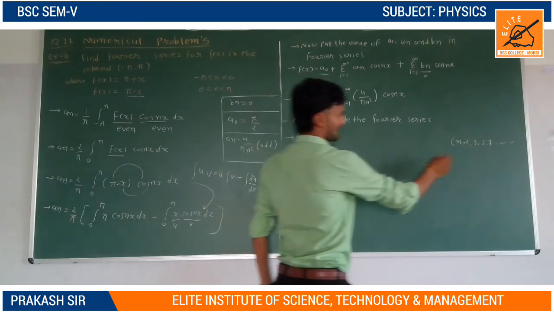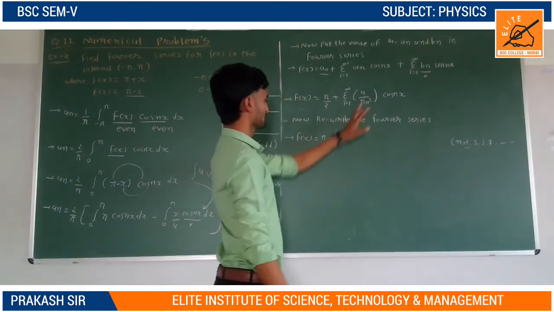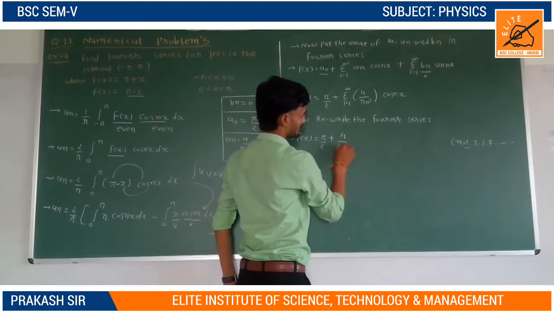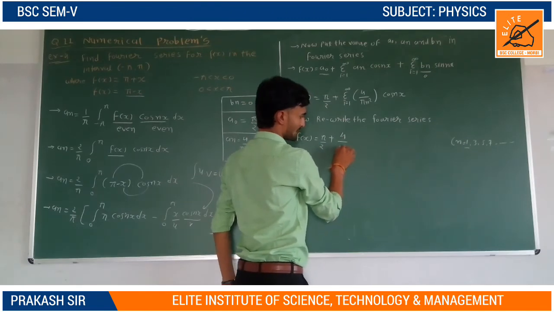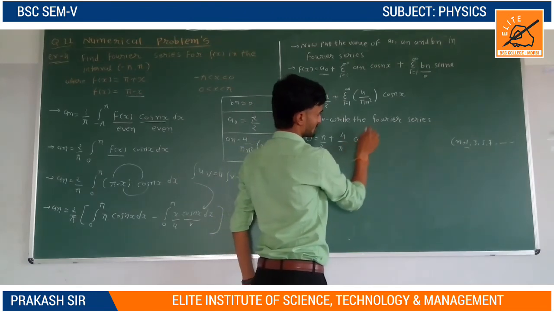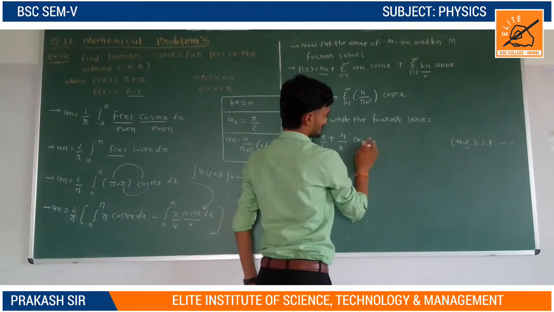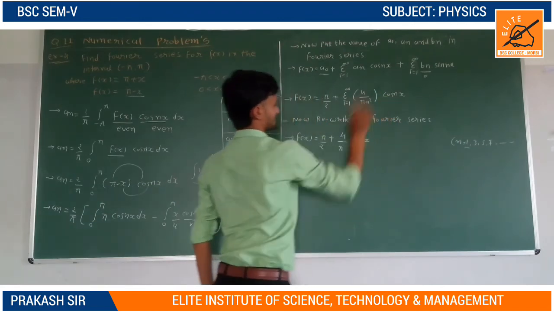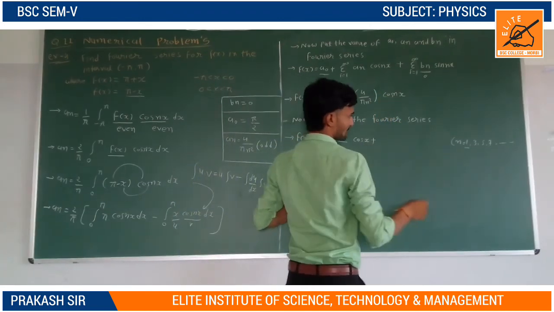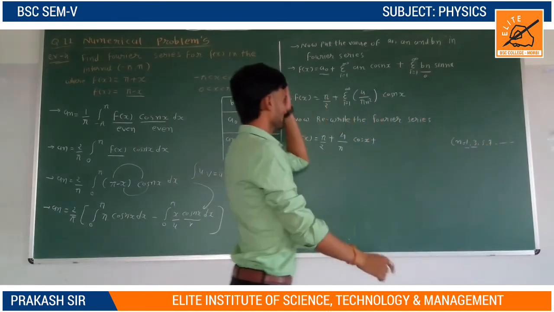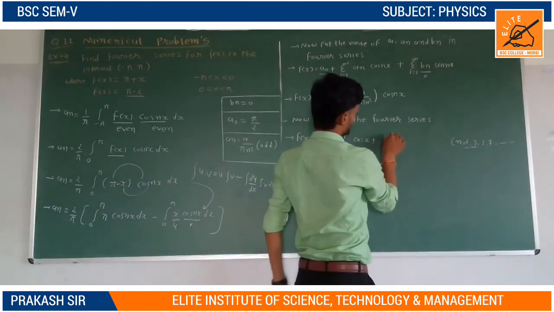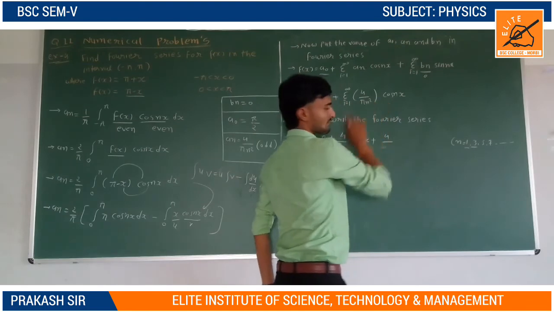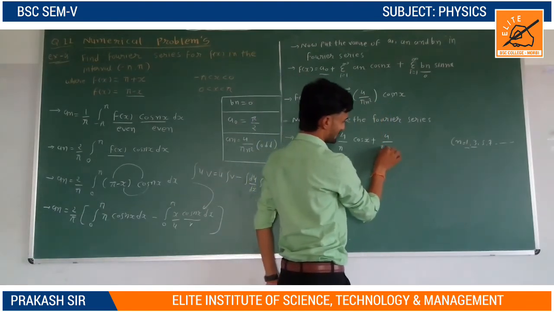So first n is equal to 1: 4 upon pi, 1 square is 1, into pi cos 1x, plus second term cos 3x, 4 upon 3 square is 9 pi.